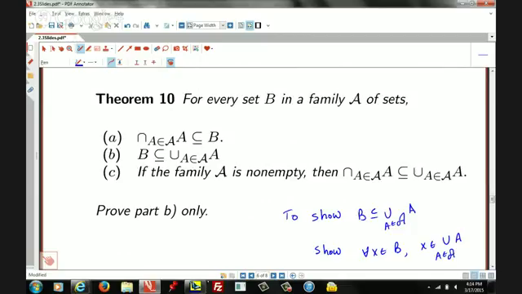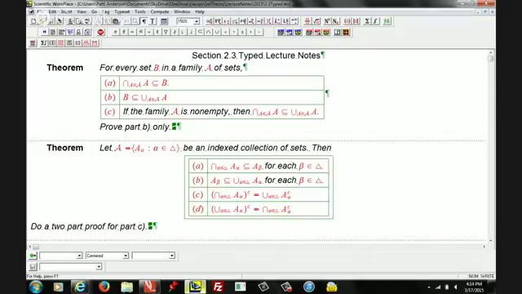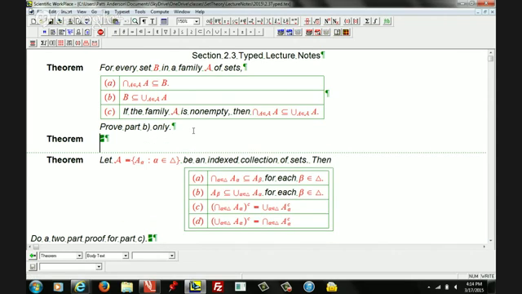Let's go ahead and just go straight to typing this one because it's not hard to type up. So what's the hypothesis? Let B be an element in a family of sets A, right?